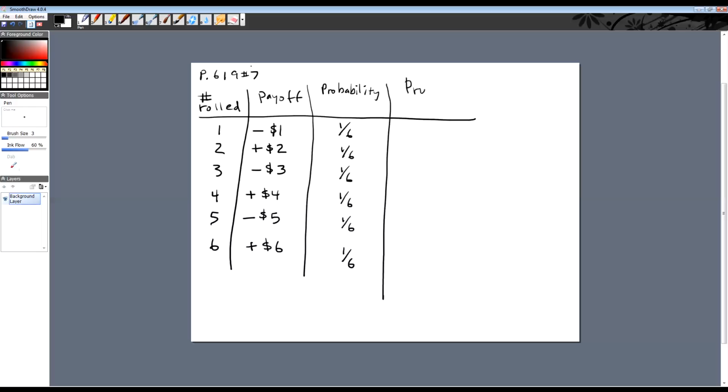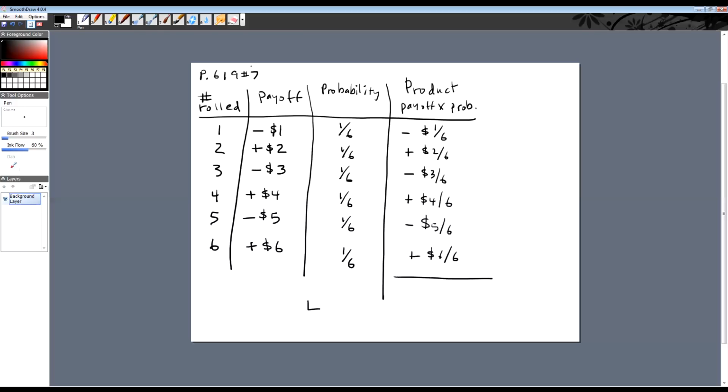So the product of payoff times the probability is going to be negative 1/6 of a dollar, positive 2/6 of a dollar, negative 3/6 of a dollar, positive 4/6 of a dollar. We're just multiplying these through. Negative 5/6 of a dollar, and positive 6/6 of a dollar.